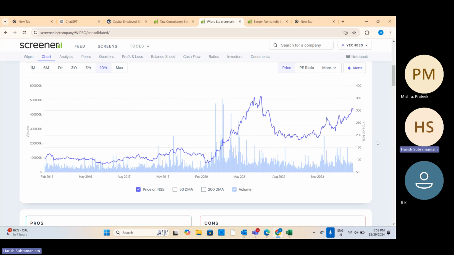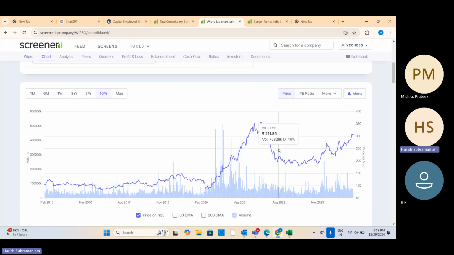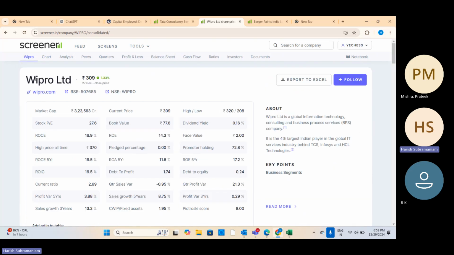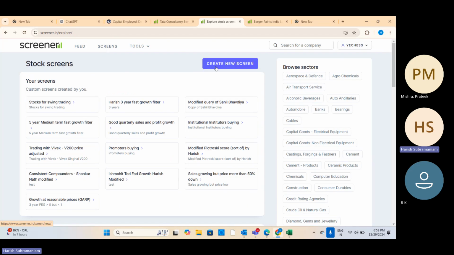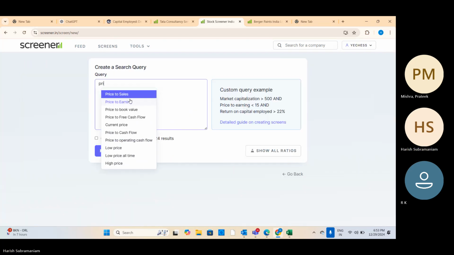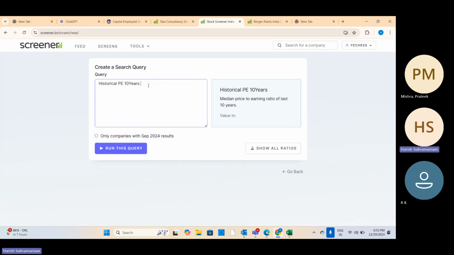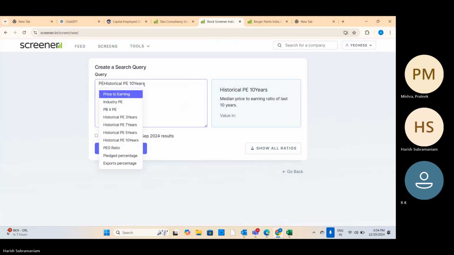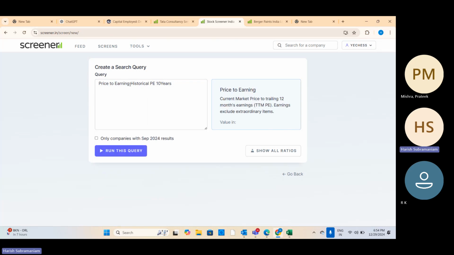So in this way, we can see, okay, what are the companies, what is a good point? So we can actually find out what is a good point to buy a stock and what is a good point to sell a stock. So how do we look at it? Let's say the price to earnings, historical PE, is less than the historical PE of the last 10 years, right?